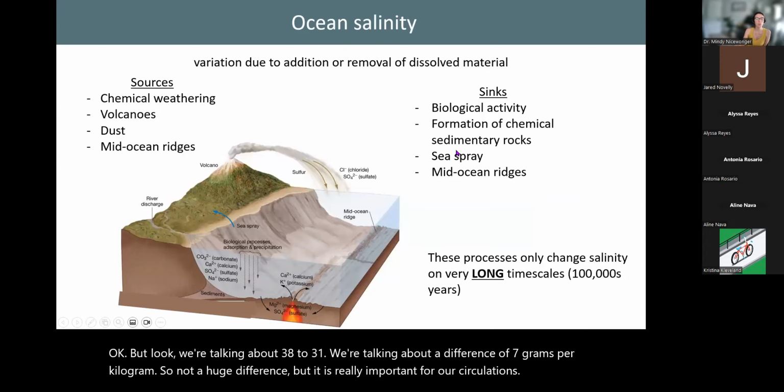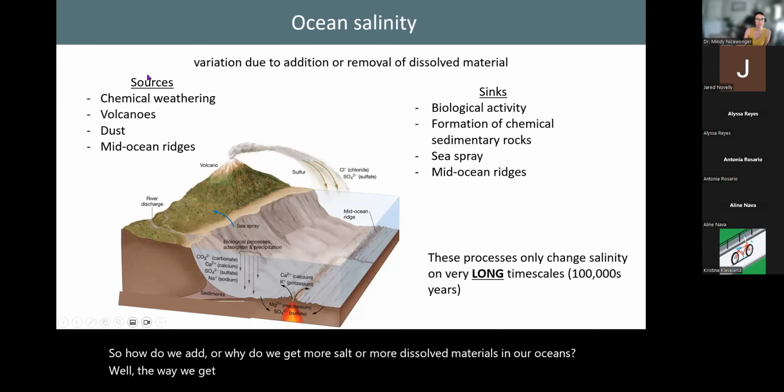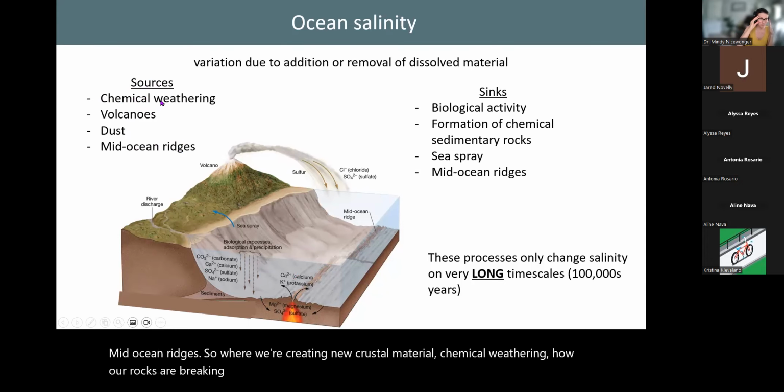So how do we add, or why do we get more salts or more dissolved materials in our oceans? Well, the way we get salts and dissolved material into our oceans to begin with is through processes like volcanoes, dust, mid-ocean ridges, so where we're creating new crustal material, chemical weathering, how our rocks are breaking apart.